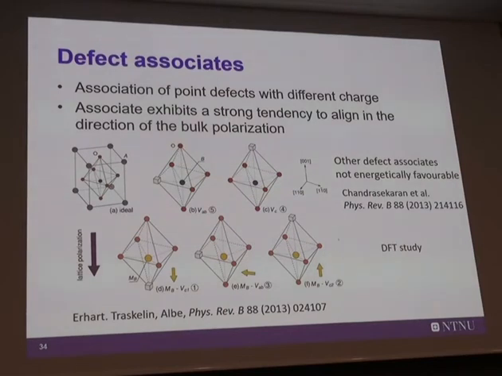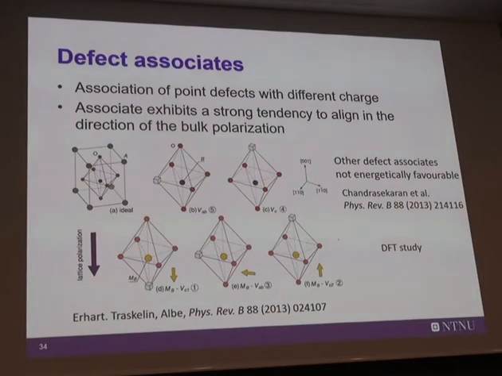And the hypothesis is that one of them is the preferred orientation because of the electrostatics. So what they did is they used DFT to look into all these configurations, not only the energy of them, but also the transition states between the different configurations.